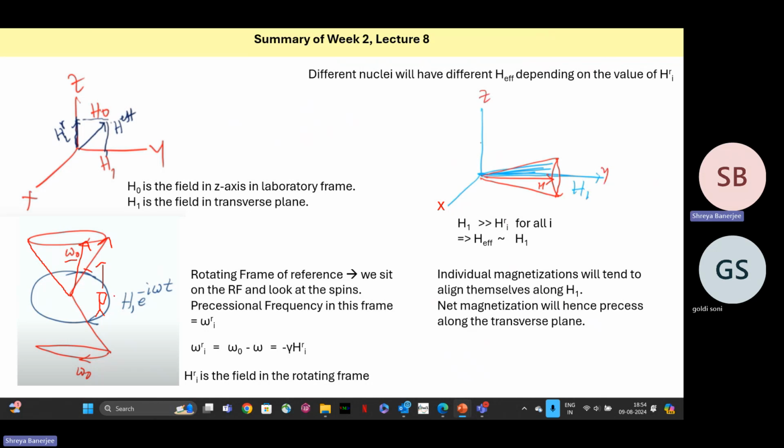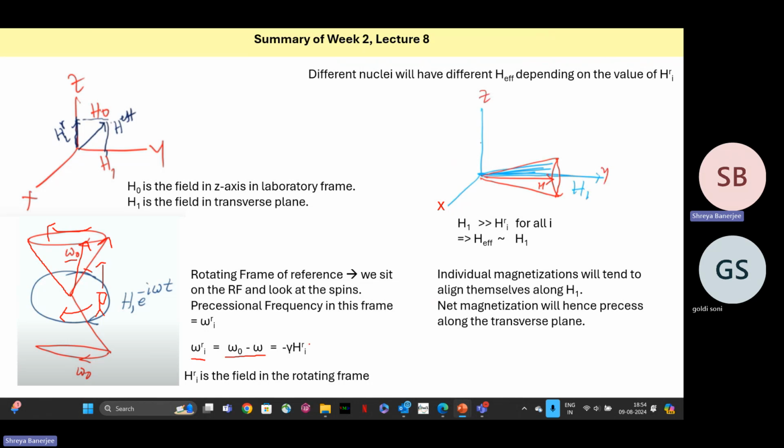He is also moving in this direction, and the Larmor precession is also happening in the same direction. So from relative motion, the observer will observe a frequency of omega naught minus omega. This is said to be the precessional frequency in the rotating frame, which is written as omega r, and omega r can be written as minus gamma H i, where gamma is the gyromagnetic ratio.